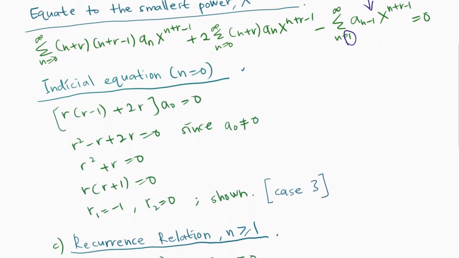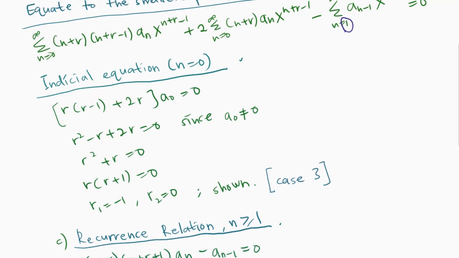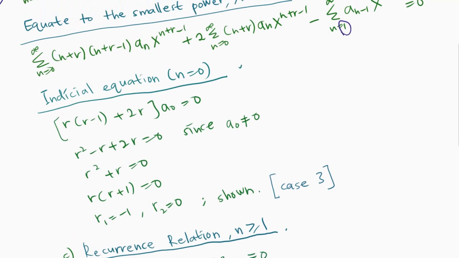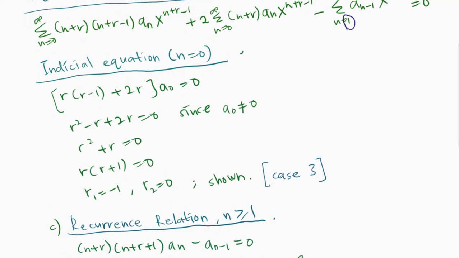As usual, initial equation. Here we have r times r minus 1 plus 2r a not equal to 0. Why? We just take note of the first and the second term. Just substitute the value of n equal to 0 in the first and the second term.